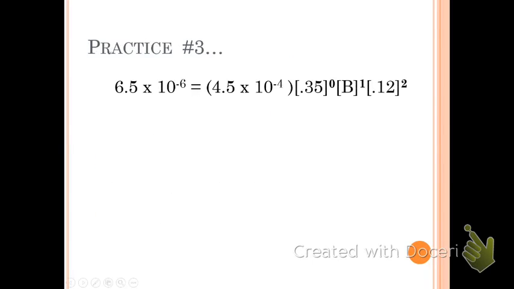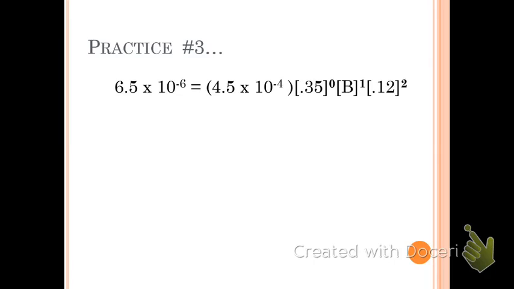Okay, so setting up the equation, I do my substitution. My rate is 6.5 e to the negative 6. My K constant is 4.5 e to the negative 4. The concentration of A is 0.35 to the 0 power. The concentration of B is unknown and to the first power.